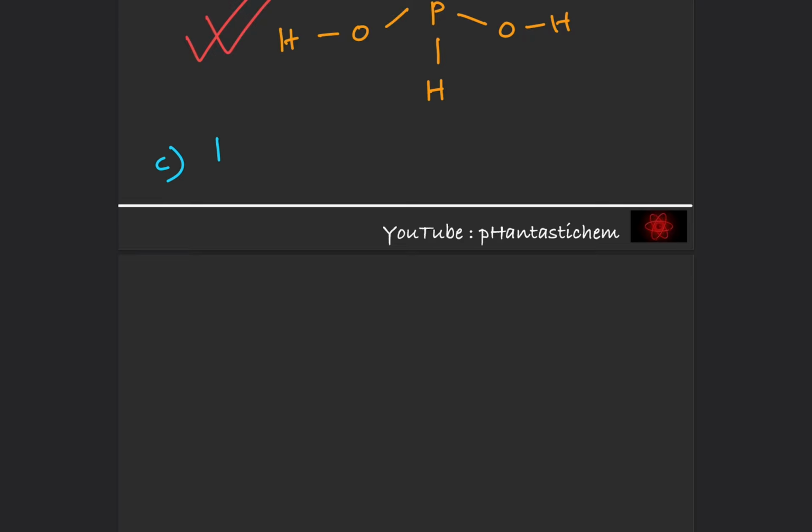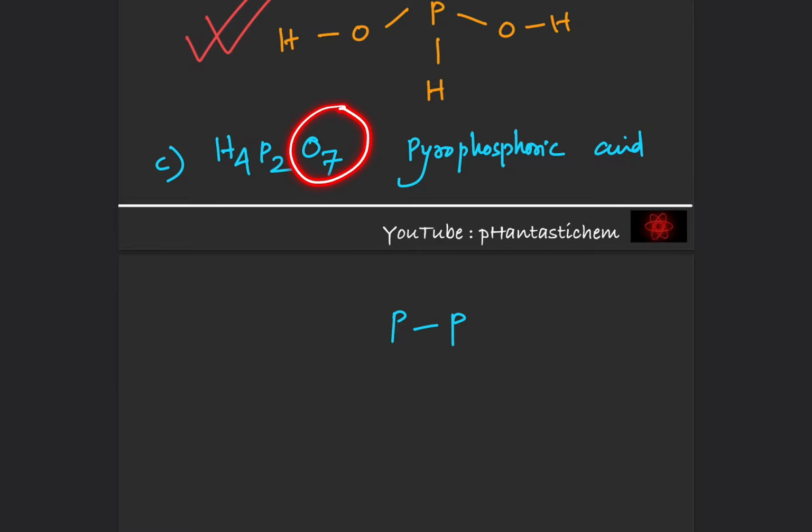C option is H4P2O7, and the name of this guy is pyrophosphoric acid. So you can see there are 2 phosphorus atoms, so it might be tempting that we make a P single bond P connection. That is something like this, and then you connect all 7 oxygen with phosphorus by a single bond.